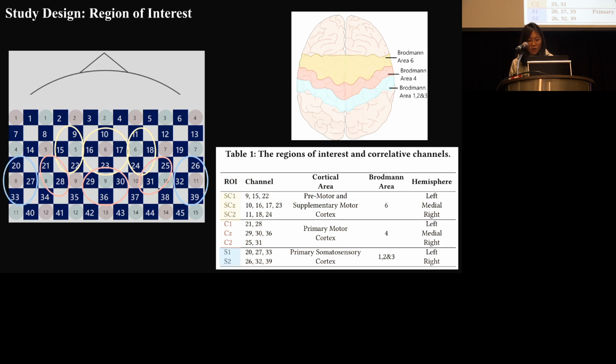According to the anatomical structures, each motor cortex was divided into 3 regions of interest, and 2 regions of interest covered the somatosensory cortex.